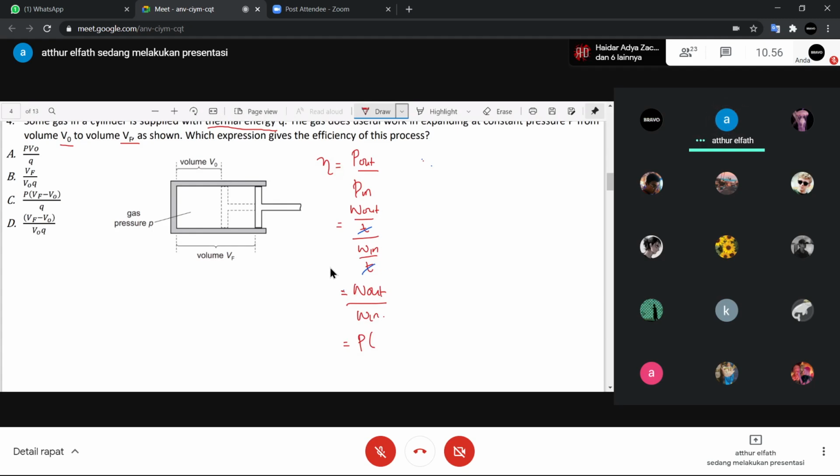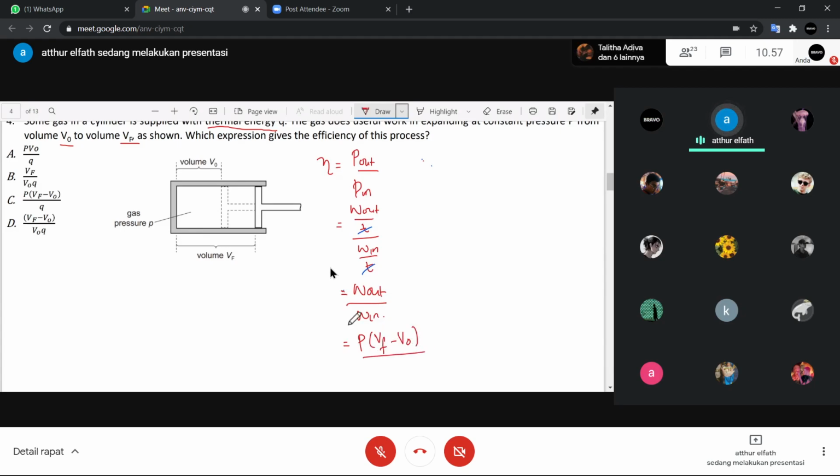Change means final volume minus initial volume. The final volume is Vf and V0 means initial volume, so this means Vf minus V0.